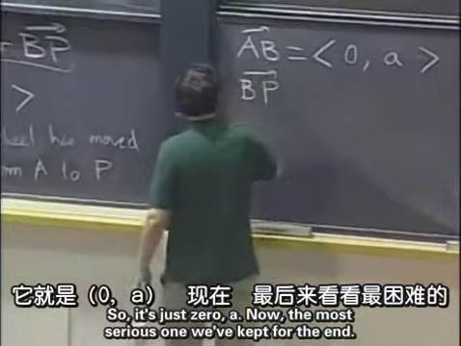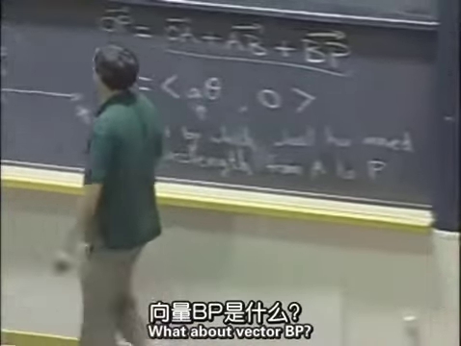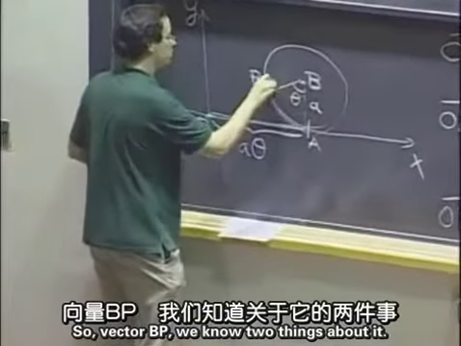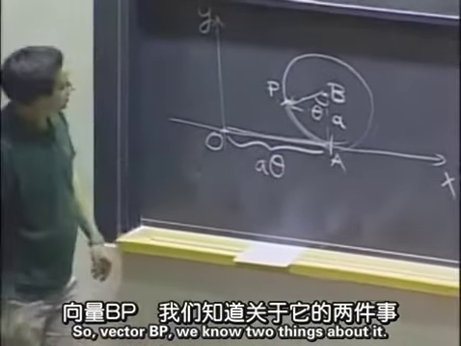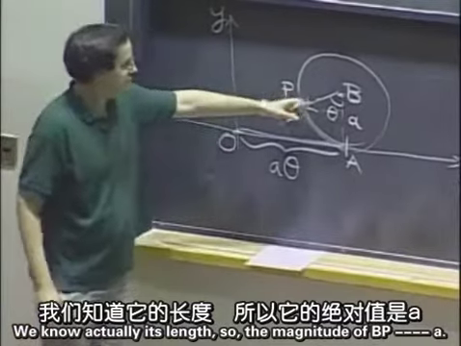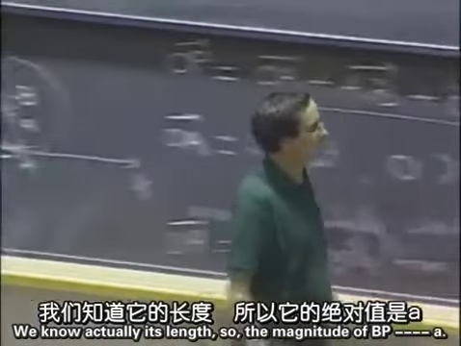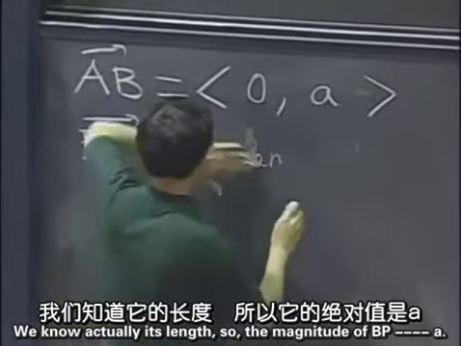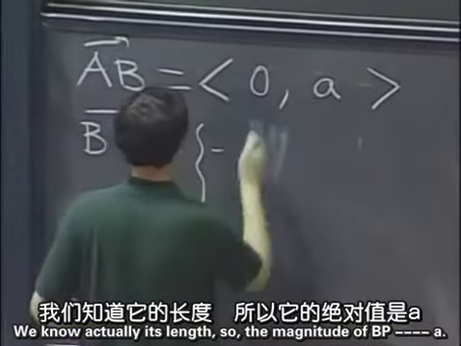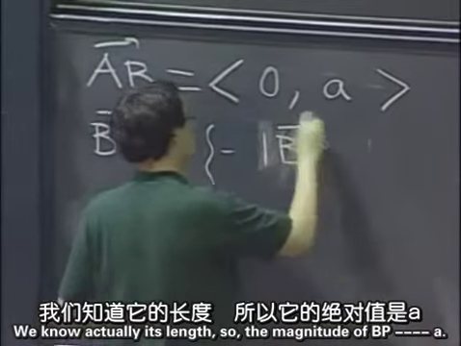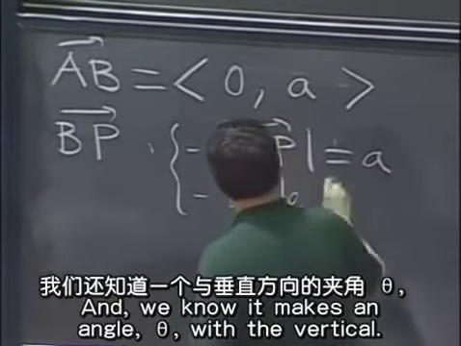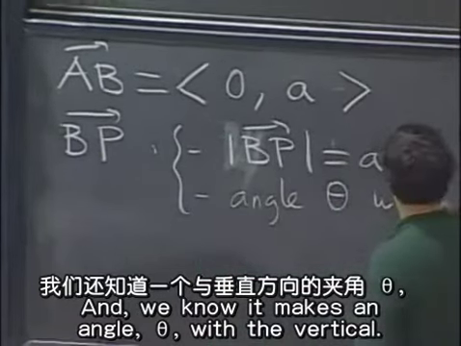Now, the most serious one we've kept for the end. What about vector BP? So vector BP, we know two things about it. We know actually its length. So the magnitude of BP is A, and we know it makes an angle theta with the vertical.